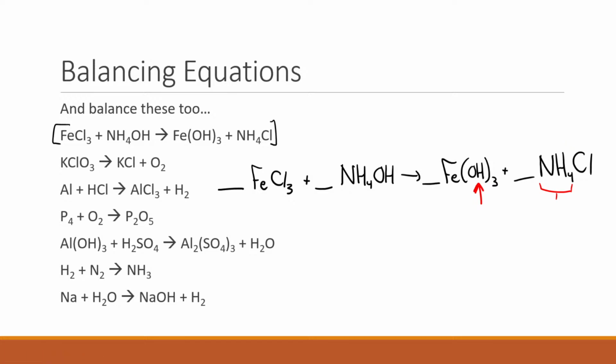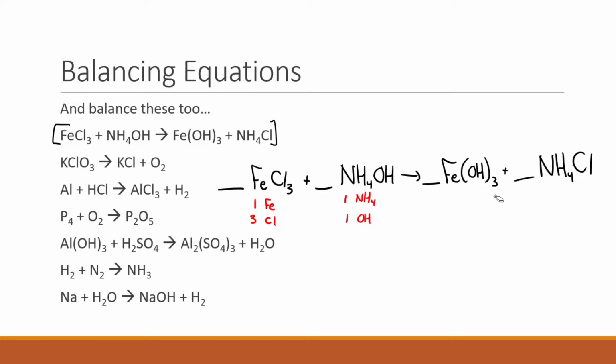And now, these matter because when we break up our compounds, when I say this is 1 iron and 3 chlorines, I can actually leave polyatomic ions together. Instead of breaking this down into 1 N, 1 O, and 5 H's, which you can still correctly balance, you can break this down into 1 NH4 and 1 OH, because on the other side, NH4 is still together and OH is still together.